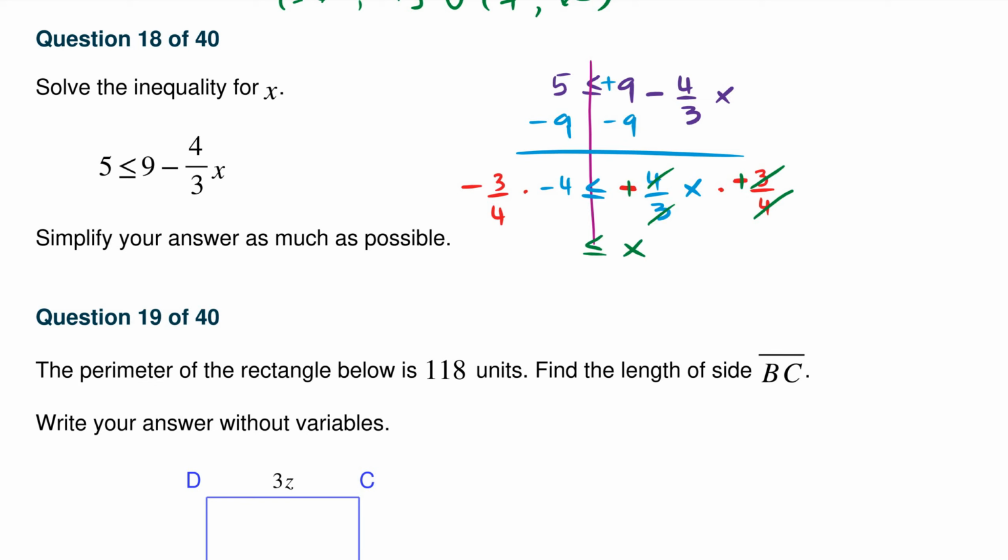So we just have x by itself, and negative 3 over 4 times negative 4 over 1. We multiply straight across. Negative 3 times negative 4 is positive 12 over 4, and 12 divided by 4 is 3, less than or equal to x.